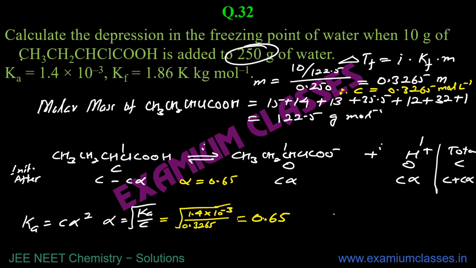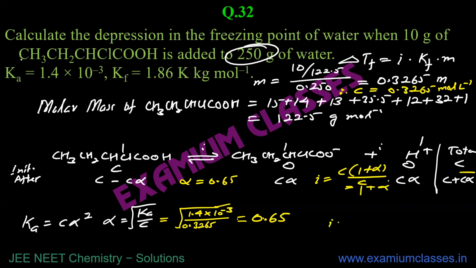And what will be i? i will be number of moles after dissociation divided by number of moles before dissociation. So i will be C into 1 plus alpha divided by C. That is, i equals 1 plus alpha simply.